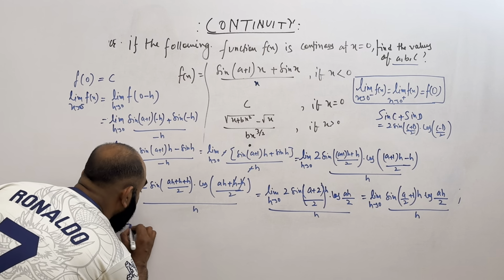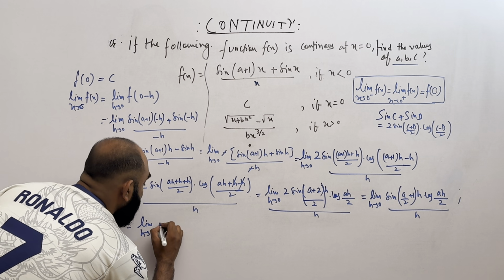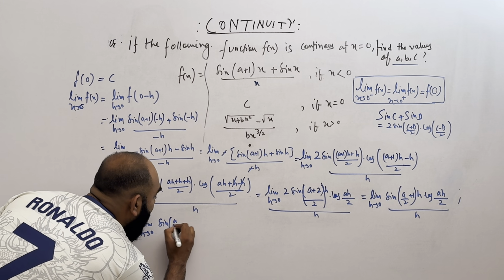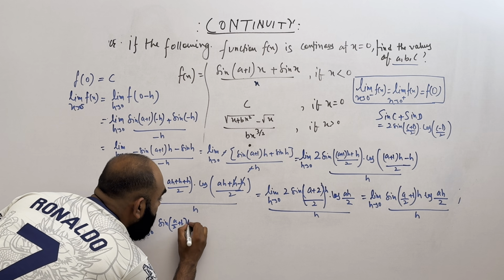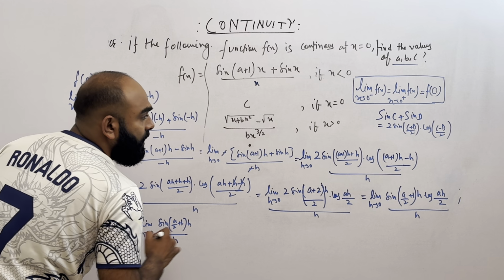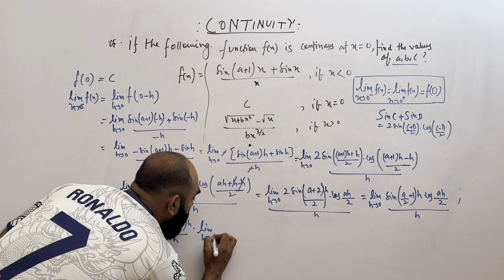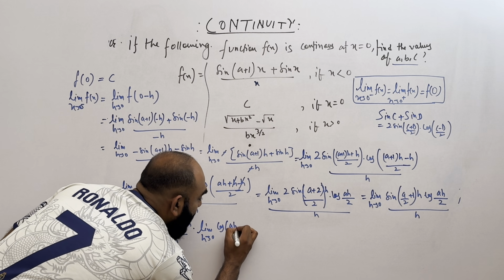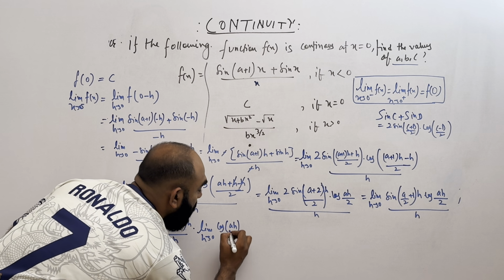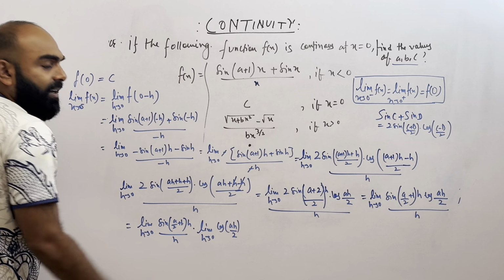Please watch carefully. Limit h tends to 0: if I am distributing, we have sine of a by 2 plus 1 into h, divided by h, into limit h tends to 0 of cos of ah by 2. This is in multiplication only.